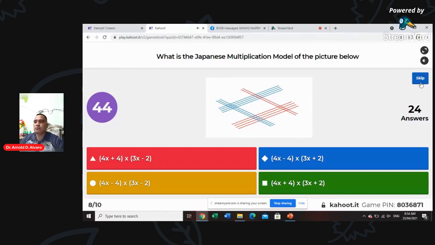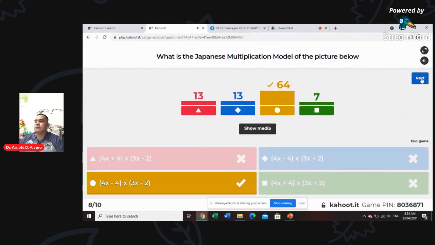Or is it 4x plus 4 multiplied to 3x plus 2? 10, 9, 8, 7, 6, 5, 4, 3, 2, 1. Time's up. We have 13 correct answers.